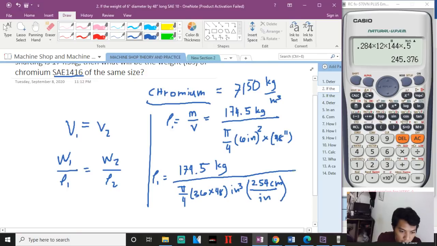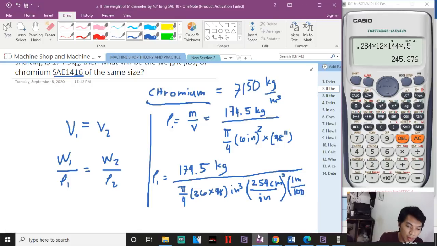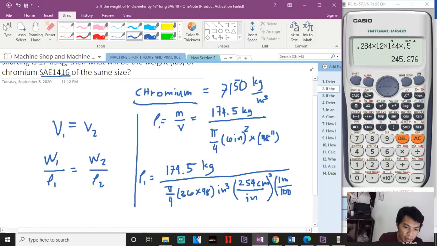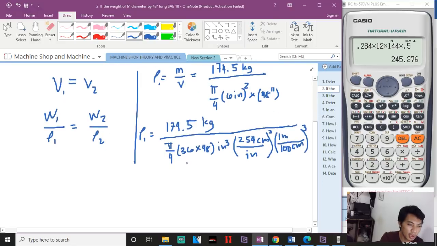Tapos, para maging meter, that is 1 meter, cube natin to, per 100 cm. Cube pa rin natin. So, let us calculate the density ni 1.